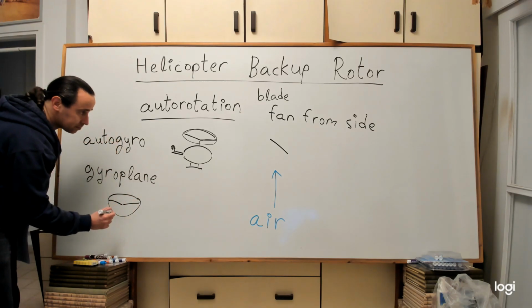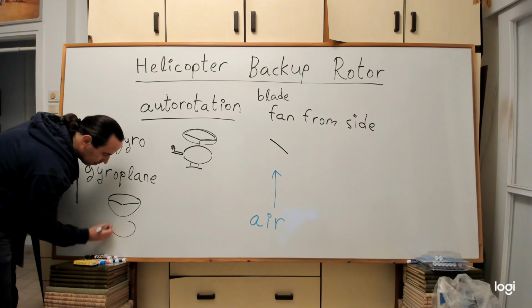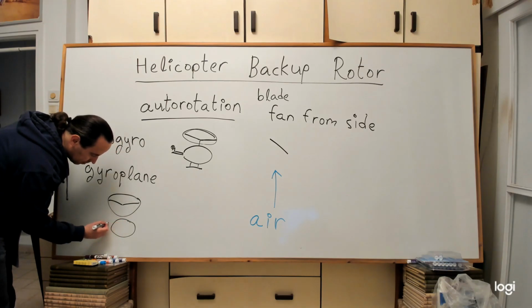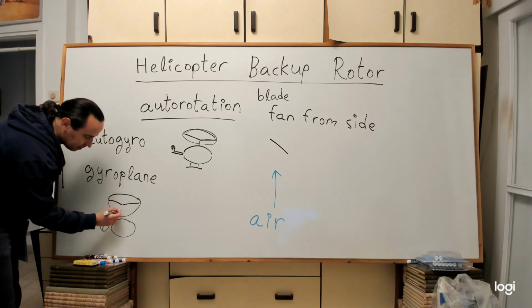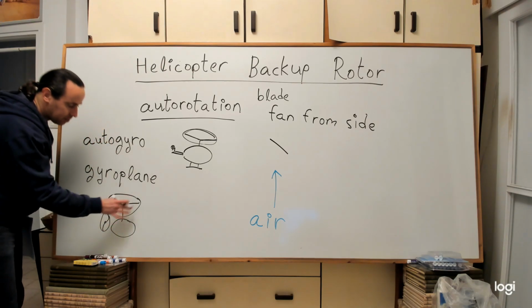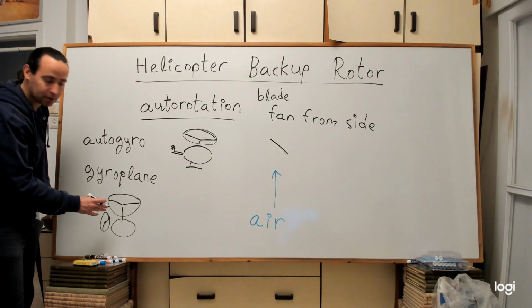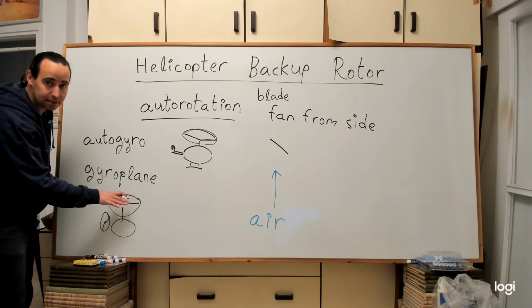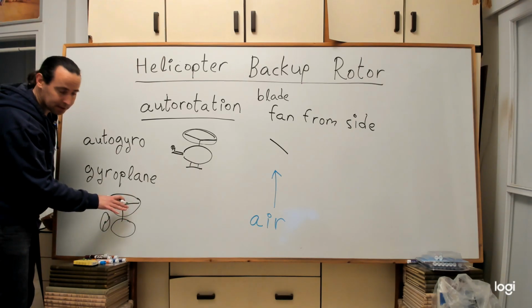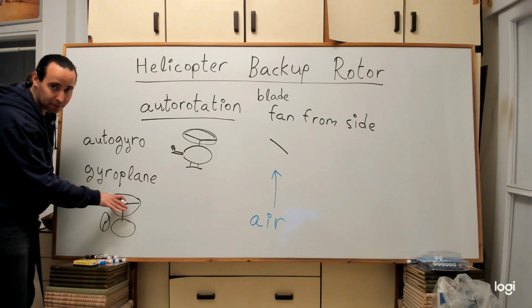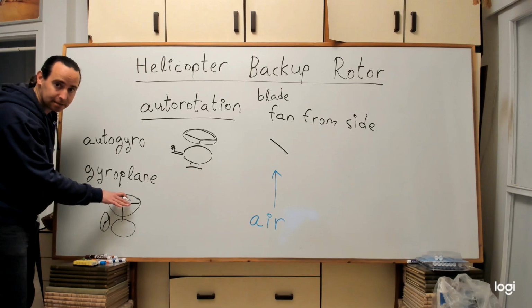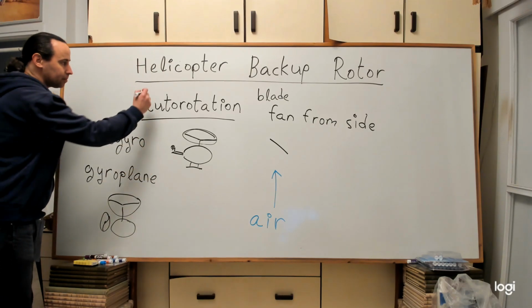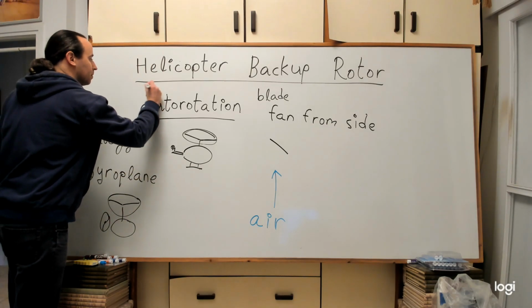There is also a body, but here there is a fan, and here it's like a passive rotor. The rotor is like a blade. They spin it a little bit when they want to take off, but after this it's passive.